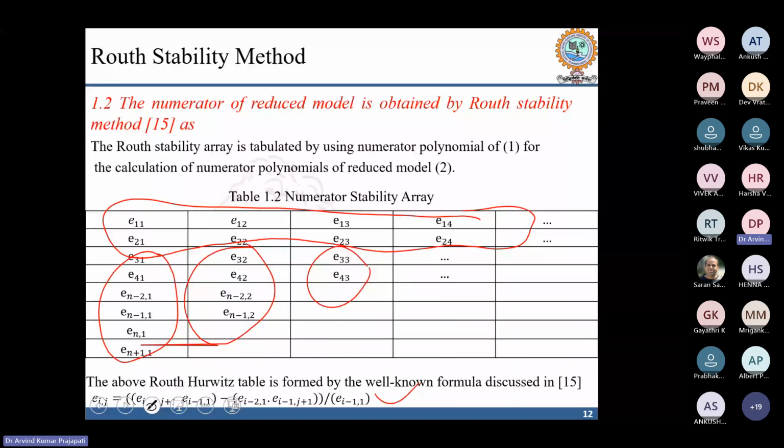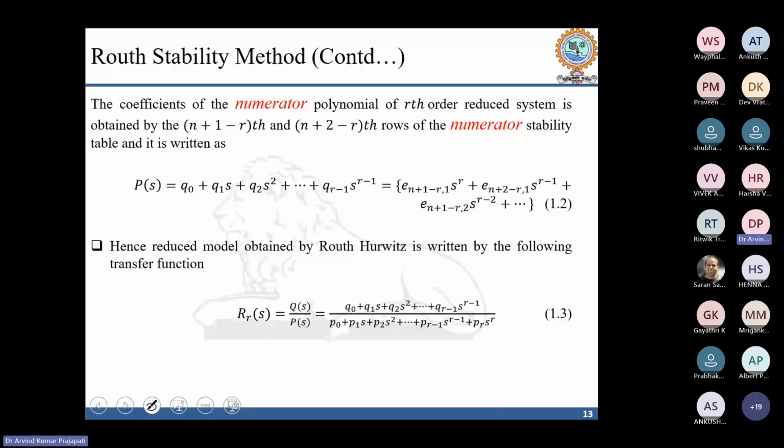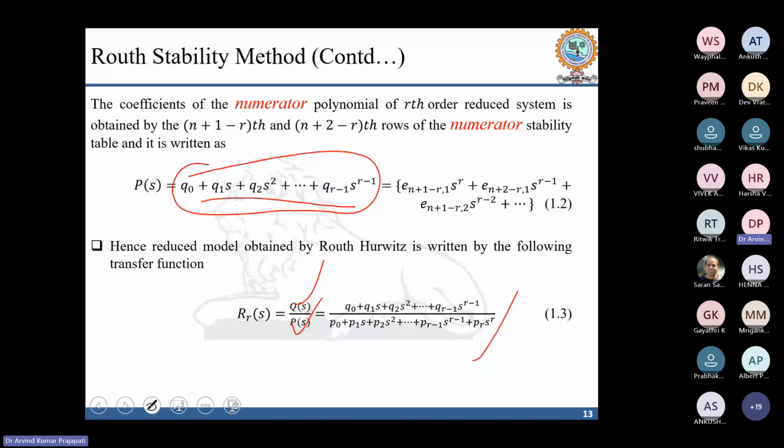According to our requirements, we can construct the numerator polynomial of the reduced system. If you know the numerator polynomial and the denominator polynomial, you can write your reduced order transfer function.